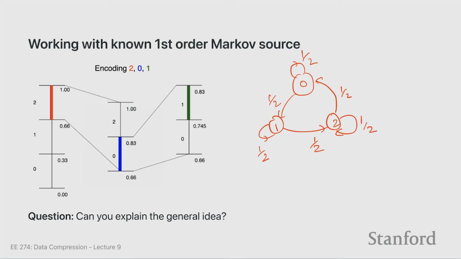Look at this figure. We changed something in the previous slide. We changed how the arithmetic coding is done. I will wait and ask you to tell me what we did different now.